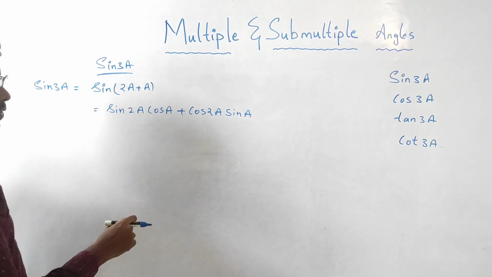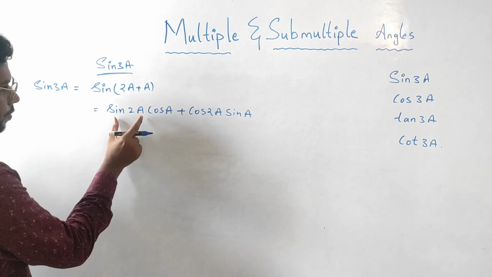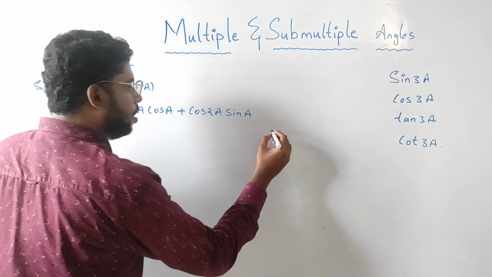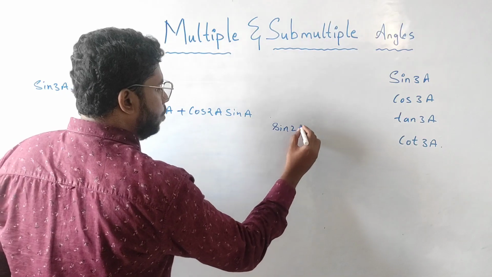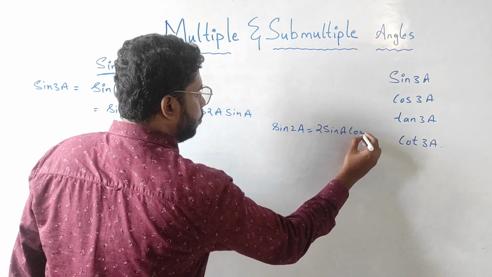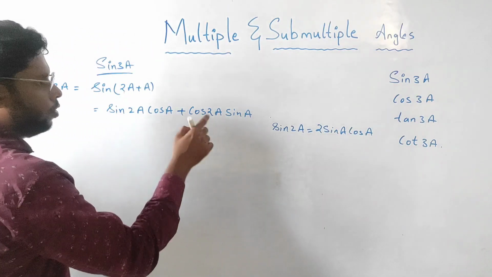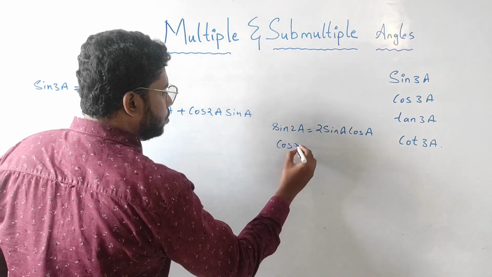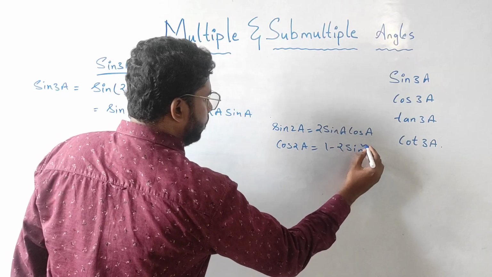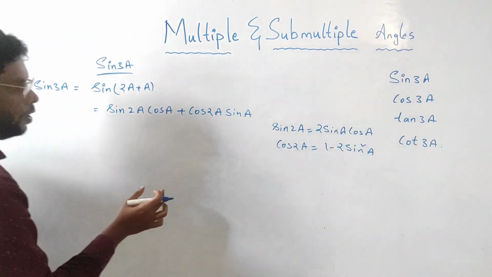In the previous video, we derived the expressions for sin 2A and cos 2A, so I will apply them here. Sin 2A is nothing but 2 sin A cos A. And cos 2A, we have also seen the formula as 1 minus 2 sin square A. I will use these two formulas here.